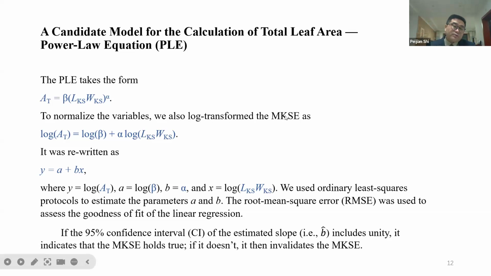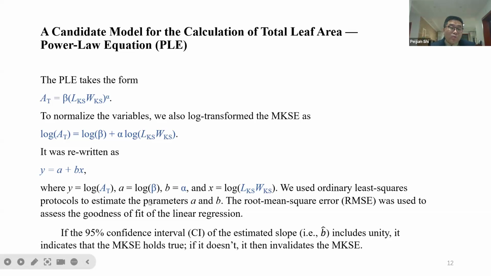We also log-transform this equation. Sorry, that should be a typo. It is the PLE, written like this. We find this equation has an intercept and a slope. We check whether the 95% confidence interval of the slope includes 1.